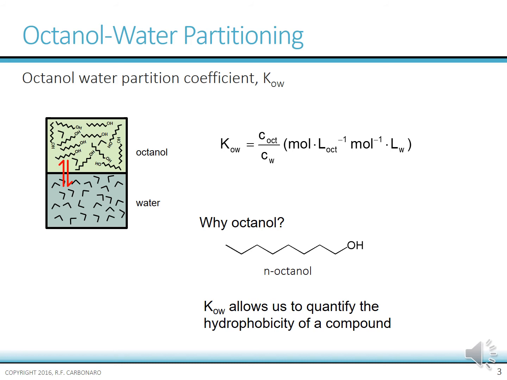So again, I come back to my little cartoon representation of the world. What I have here in this system is I have the aqueous phase represented by the little V's, the water molecules, and then I have octanol in contact with the water. The octanol, you can see the little molecules I've drawn there. It's basically 8 carbon atoms, as we discussed earlier, with an OH group attached to the first carbon atom.